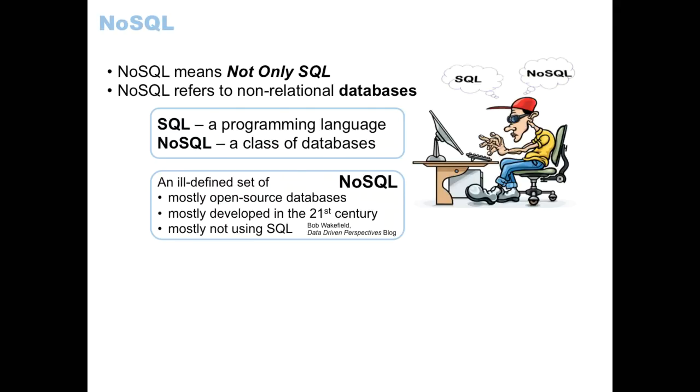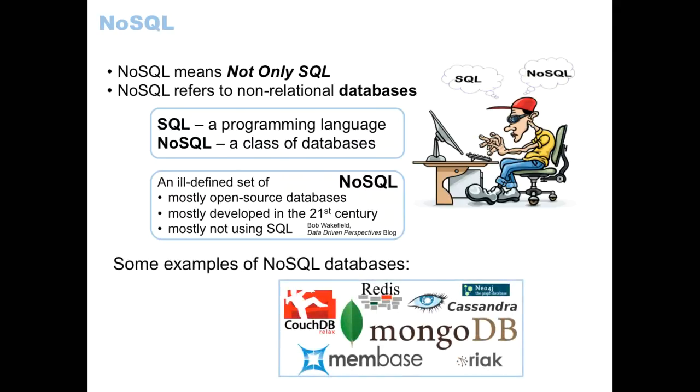It's an ill-defined set of mostly open source databases, mostly developed in the 21st century, and mostly not using SQL. And here's an example of some NoSQL databases. And I'm going to talk about 3 of those.